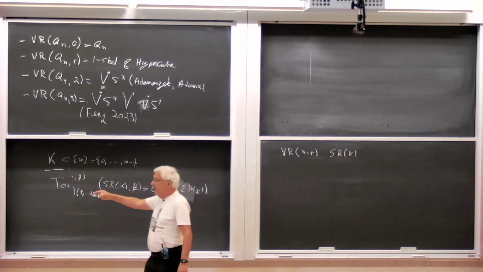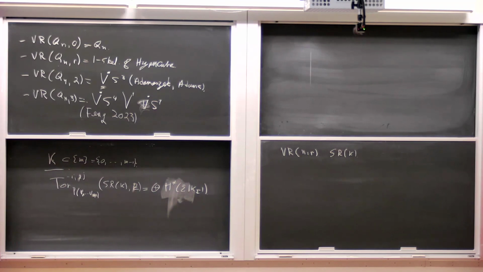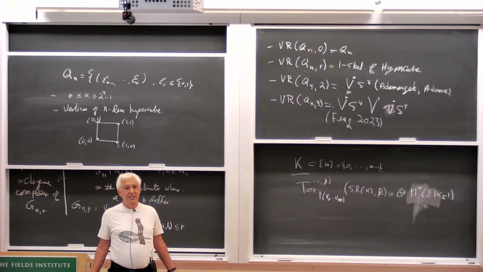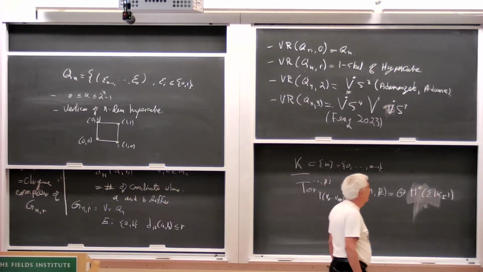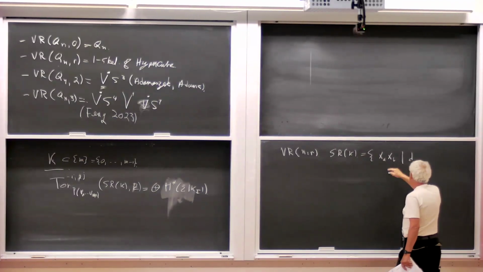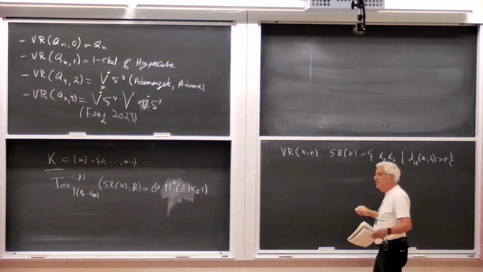Remember, it starts with a graph, so the VR_n(r), too many r's, is a flag complex. And what are the relations, the non-relations? They're very simple to describe. These are monomials, just the product of two, x_A x_B, where the Hamming distance between A and B is greater than r. That's the Stanley-Reisner ring.